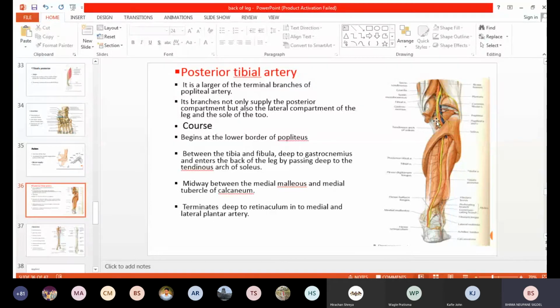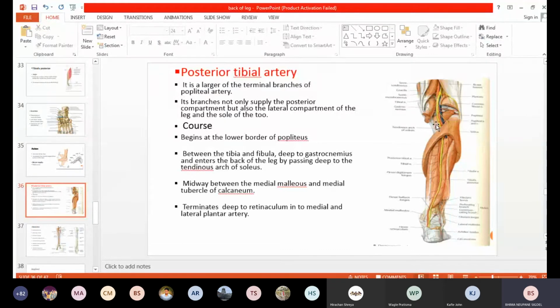Now here you can see the arch formed by the soleus, the tendinous arch of the soleus. The posterior tibial artery enters from the arch. It will supply the muscles of the posterior compartment and the lateral compartment of the leg, along with the sole also.